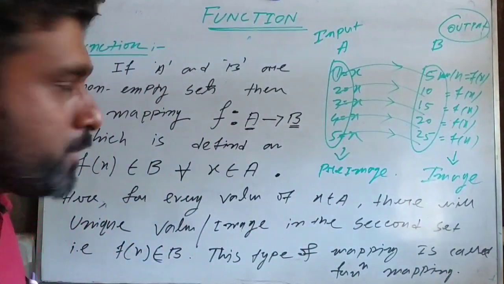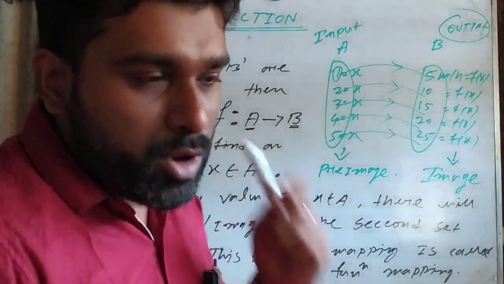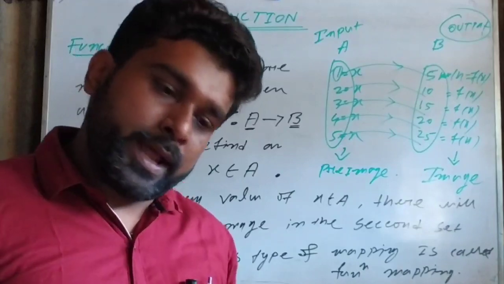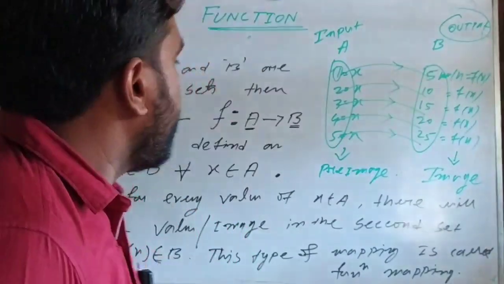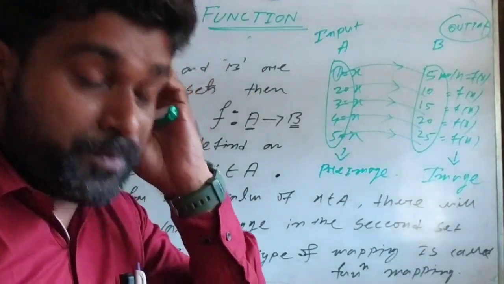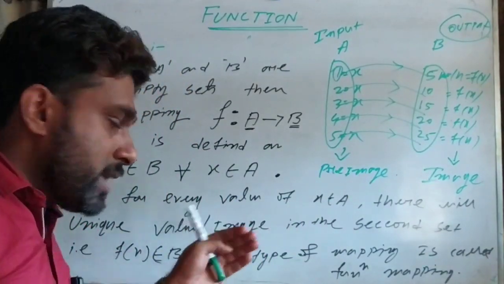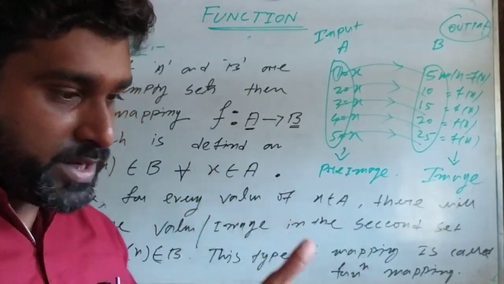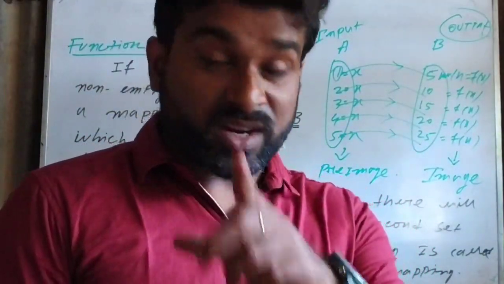Get it? For getting a function mapping, you have to use an input here, and you will get the output with respect to the given input. All the outputs will be unique for the particular input values. When the output is going to be unique, this type of mapping is called function mapping.